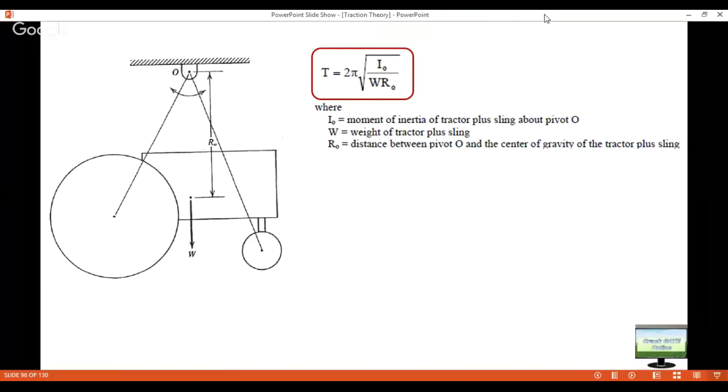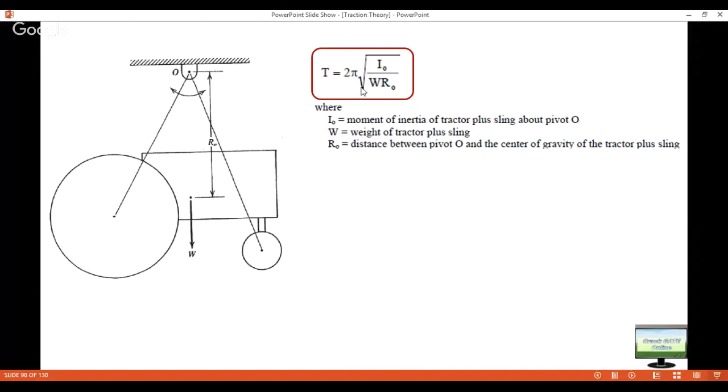Here I naught is the moment of inertia of the tractor plus whatever string or sling you have suspended the tractor with, about pivot point O. W is the weight of the tractor as well as the slings. R naught is the distance from this pivot point to the center of gravity. So this will be the time period.